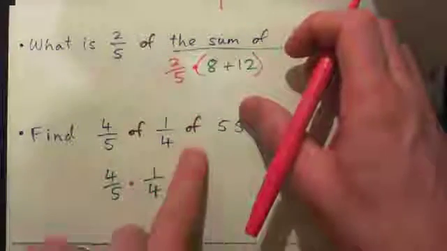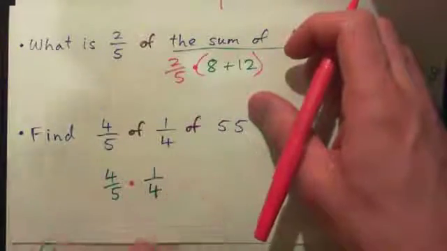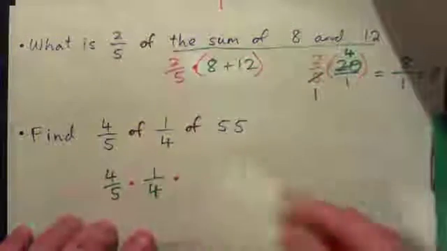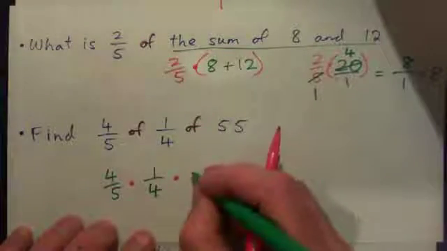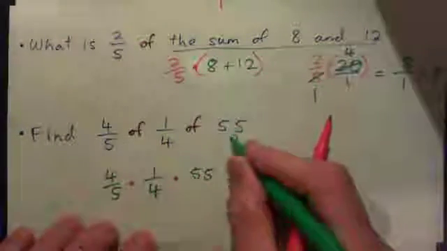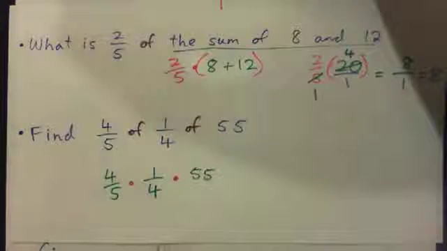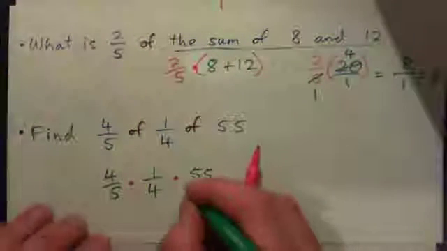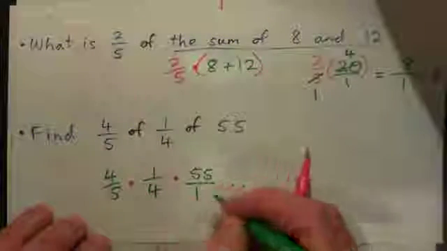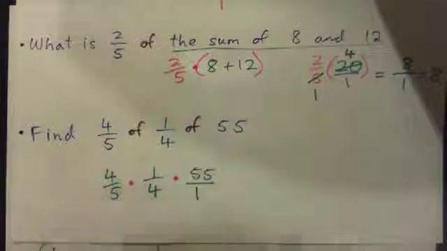And then this "of", 55 is times that by 55. The other thing is, you might want to turn 55 into a fraction. Turn 55 into a fraction. 55 over 1, right?